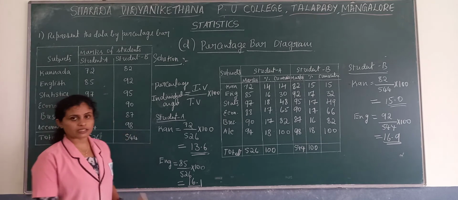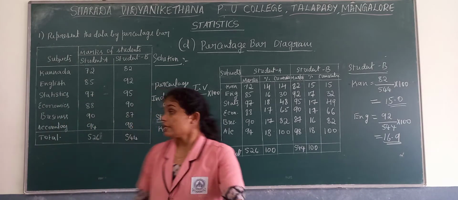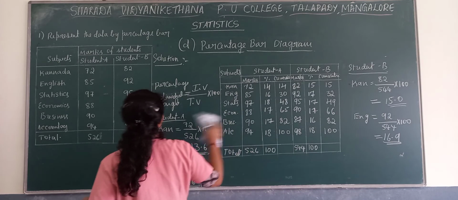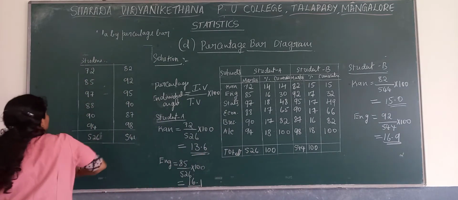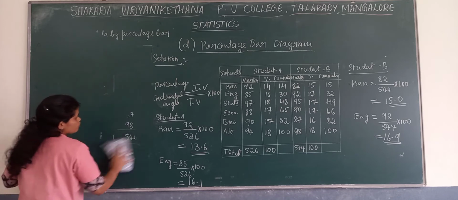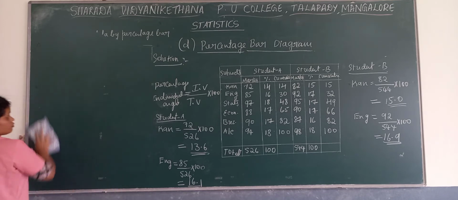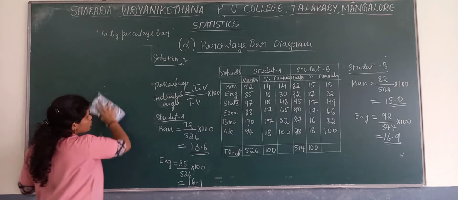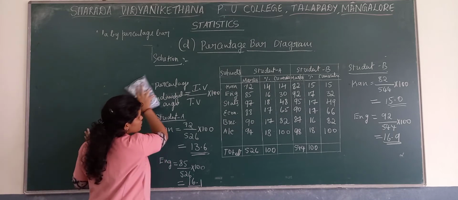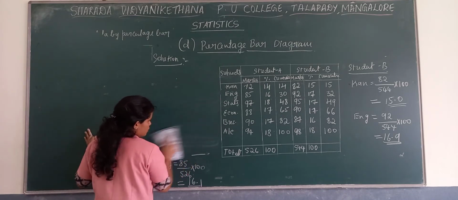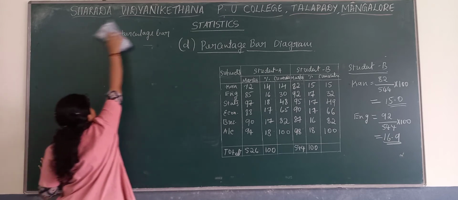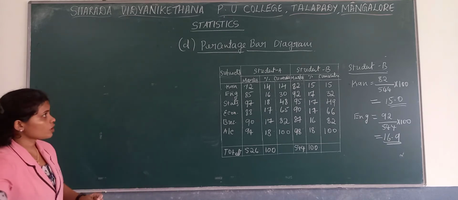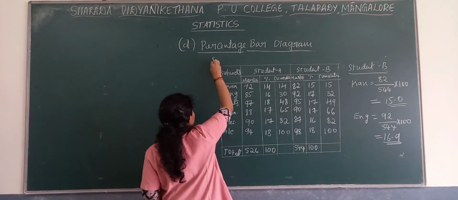Now we need to prepare the graph. We'll erase the problem here because with the help of that table we can prepare it. I erase this. Solution I will write here.